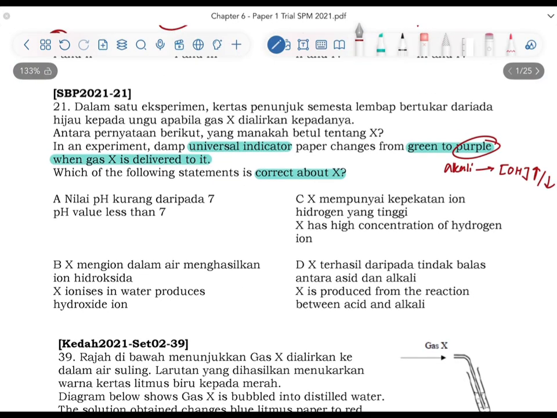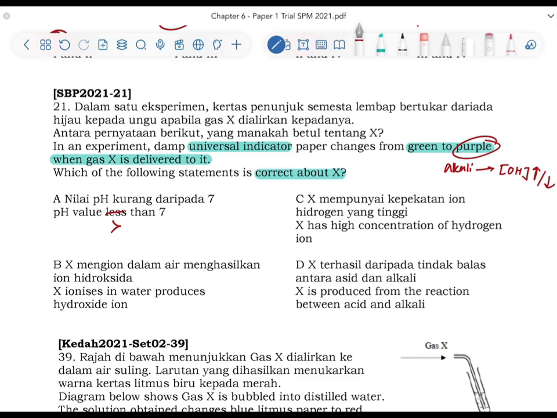Let's see the options one by one. pH value less than 7? No, it should be more than 7, because alkali is a substance that ionizes to produce hydroxide ions in water. So alkali will have a pH of more than 7.